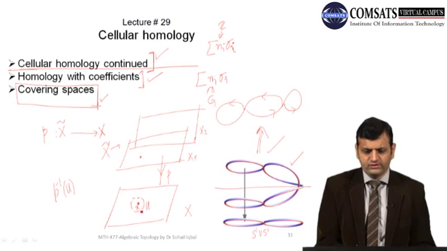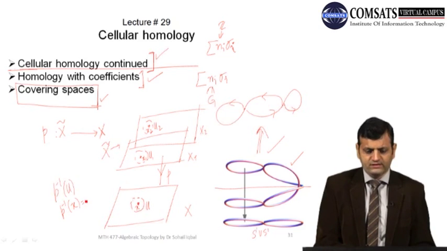If you take the inverse image of this, then on each and every sheet there is going to be an open set. Let's call them U1, U2, and it is a disjoint union of these open sets. This also tells me another thing, that P inverse of x is going to be a discrete set, because they are disjoint open sets, so I can differentiate between any two inverse images. Let's call them x1 and x2.